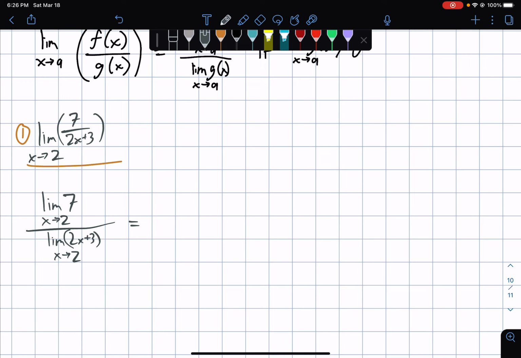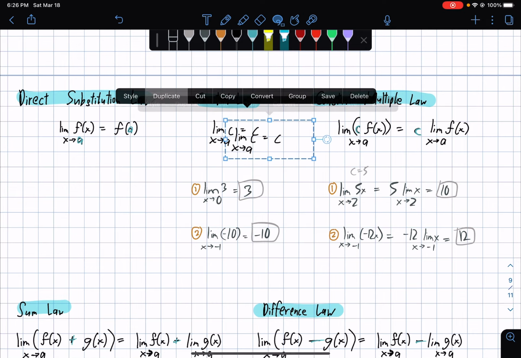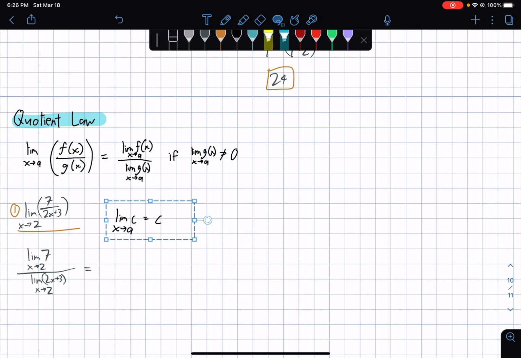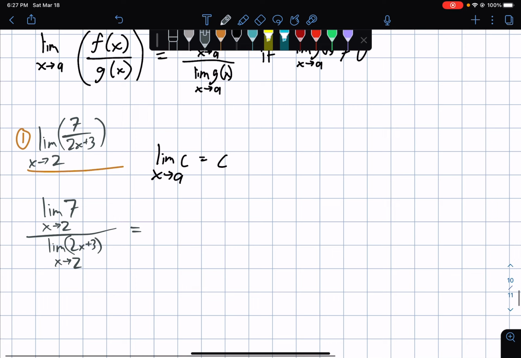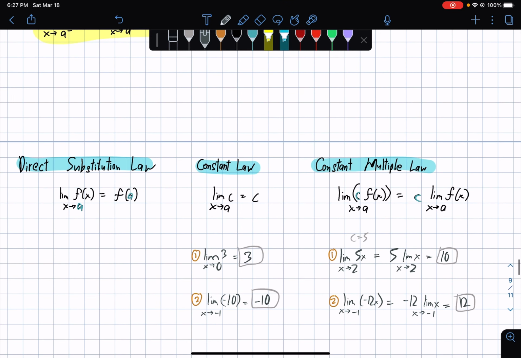Well, I think we use the constant multiple law for the numerator. Oh, sorry, the constant law only, not constant multiple. So lim c such that x approaches a is still going to be c. So this is 7. And then below, the denominator, we apply direct substitution, I suppose, since we don't know what x is.